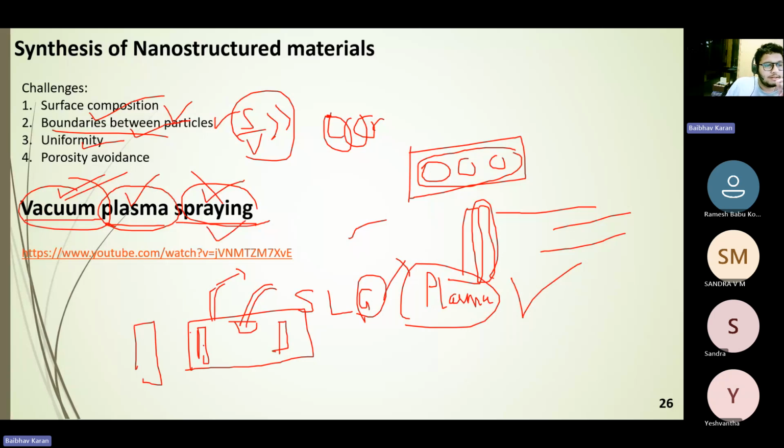So there is a powder feeder, there is a cathode and anode. There will be a transfer of electrons from cathode to anode, right? And this transfer of electrons will take up the particles from the feeder and spray them on this substrate, which will lead to the production of nanostructured materials. Let's see a video of what is going on.